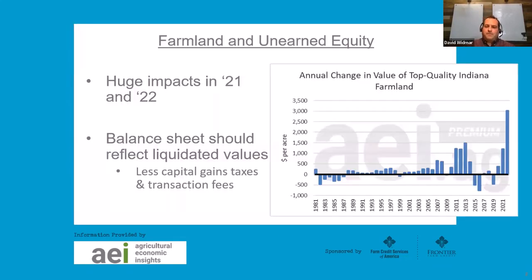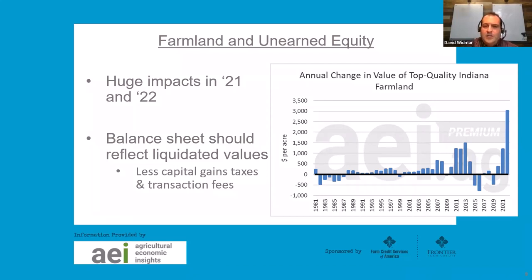One of the points that's really relevant to mention here today in 2023, and we talked about this with Kirk Mankert in our earlier farmland episode back in January, is that farmland values have changed a lot. This chart shows the annual change in top quality farmland values in Indiana going all the way back to the early 1980s, and this is the dollar value that those annual changes make.